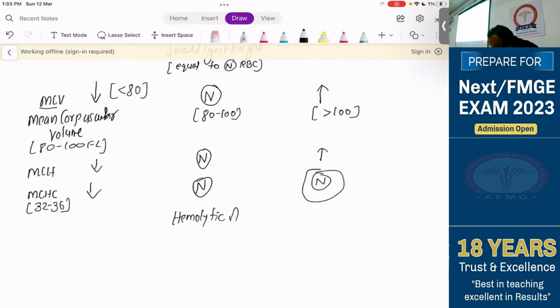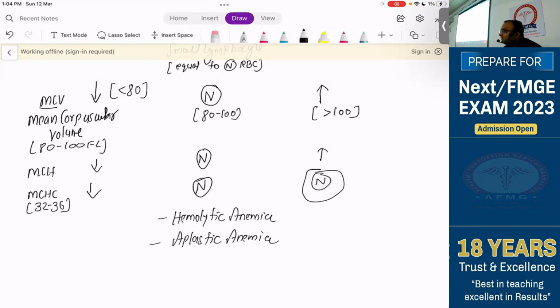Second thing, aplastic anemia, when bone marrow is suppressed, completely shut down, so bone marrow is not able to produce RBC. If bone marrow is not able to produce RBC or produces fewer RBC, the RBC which are there will be of normal size.